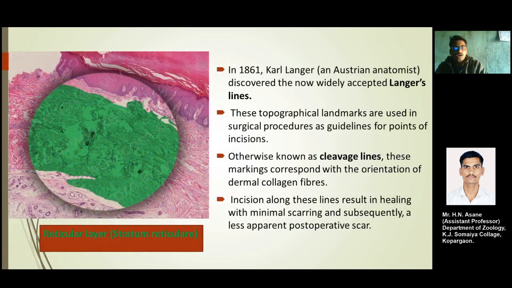So in 1861, Karl Langer, the Austrian anatomist, okay, and Austria and Australia are two different nations.